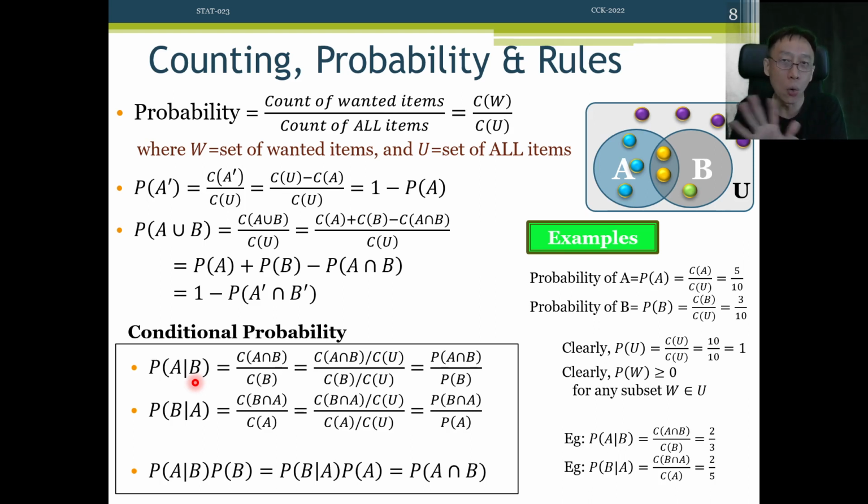Okay, so there's no uncertainty, no probability about whether B occurs or not. B is a fact. It has occurred. It has been known. There is no doubt about whether it will occur or not. But A, yes. So that is the kind of situation we want to be familiar with.